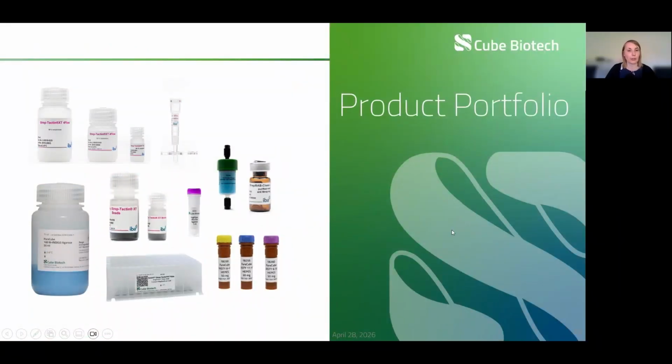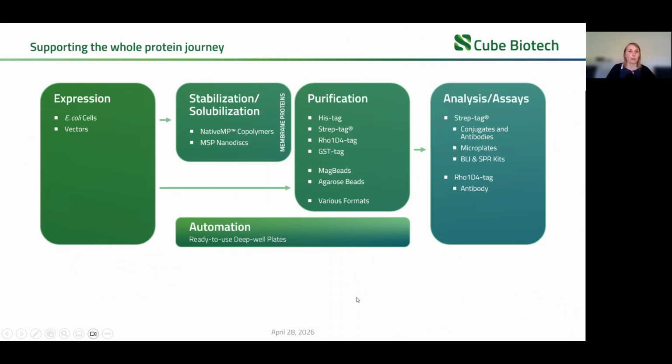Now I talked a lot about our Strep-tag products, but since the merger with Cube Biotech, we actually have a very broad portfolio that can support your protein research and especially also AI-guided workflows. So basically, we can support the whole protein journey.